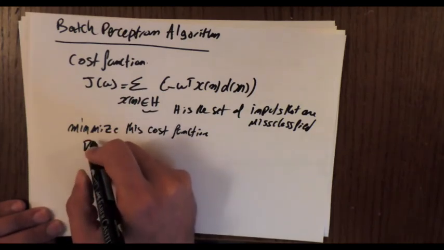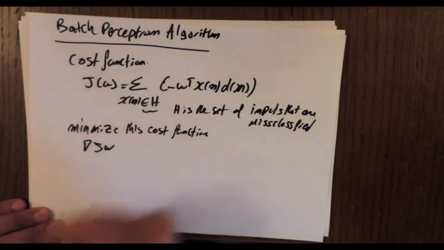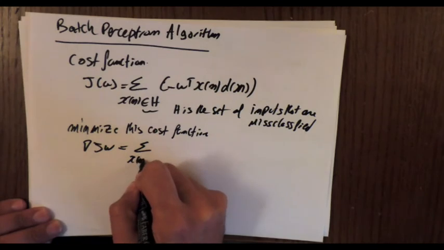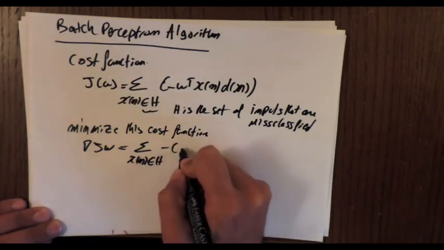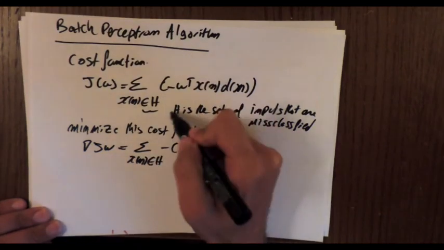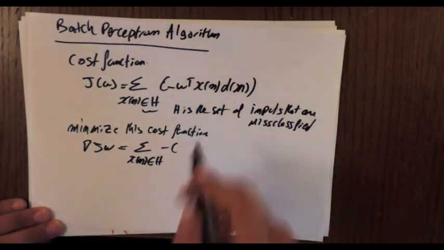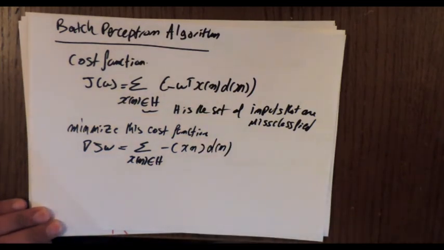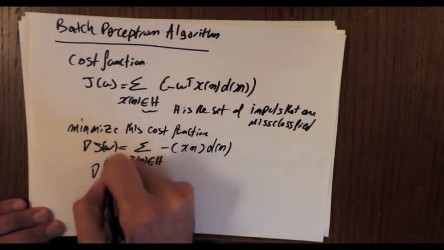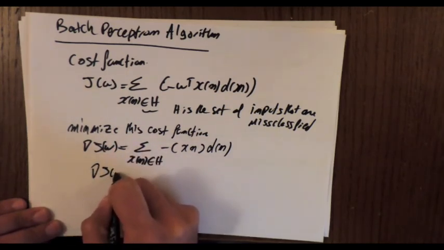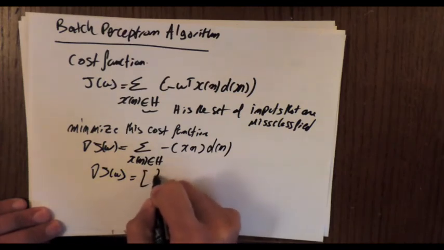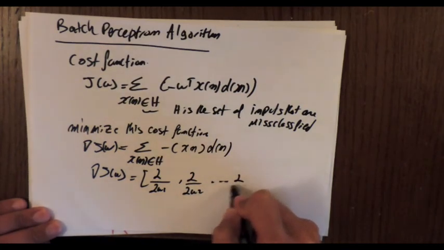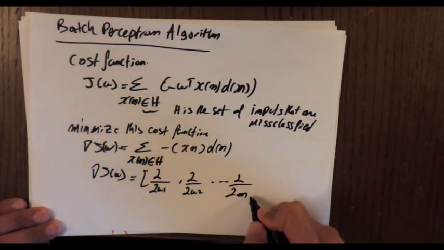So we take the partial derivative of this function. Of course, when we take the partial derivative, the w will drop out, and we have x of n d of n. In this case, the gradient with respect to w is the function with respect to w1, the function with respect to w2, and so forth until wm.